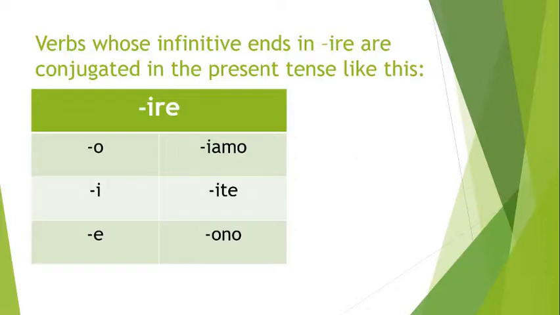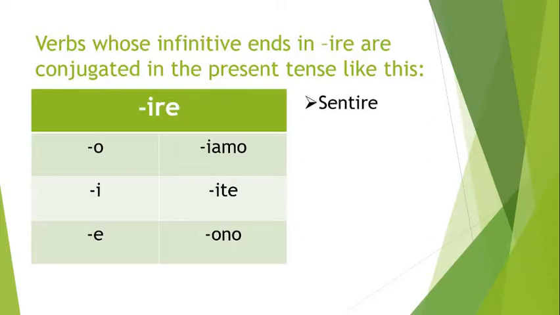And then the second person plural is ite instead of ate. And then the third person plural is ono instead of ano. But other than that, those are little changes, right? So it's just a little minor adjustment that you have to do in your mind when you see an IRE verb. Other than that, it's very similar to the ARE verbs that we saw before.